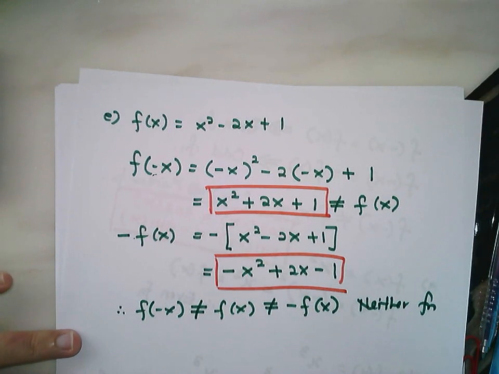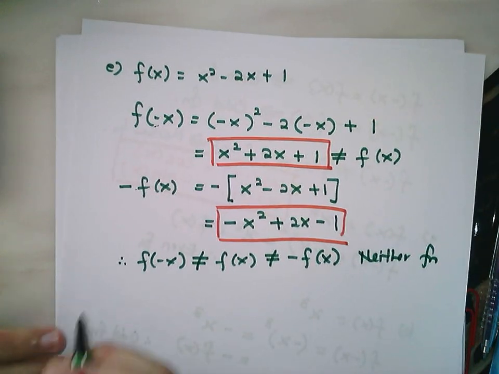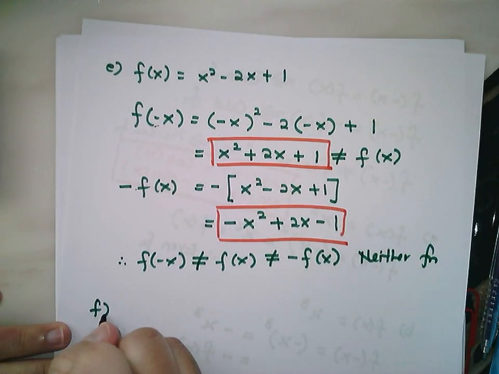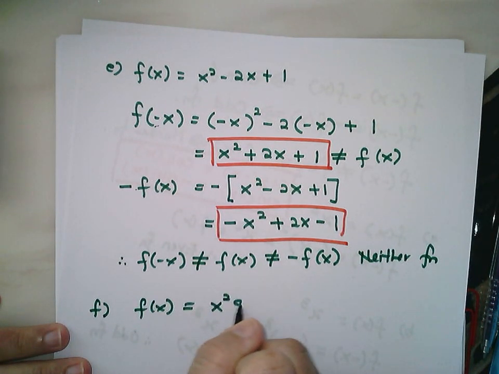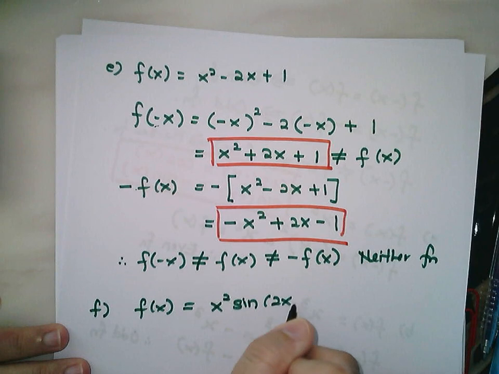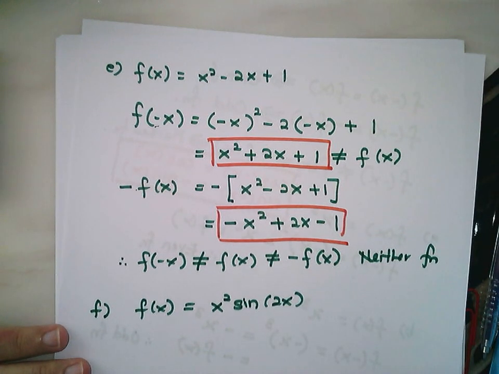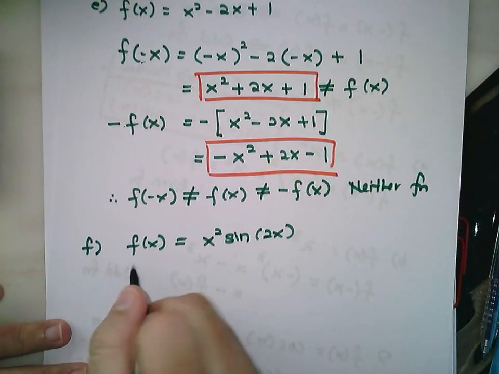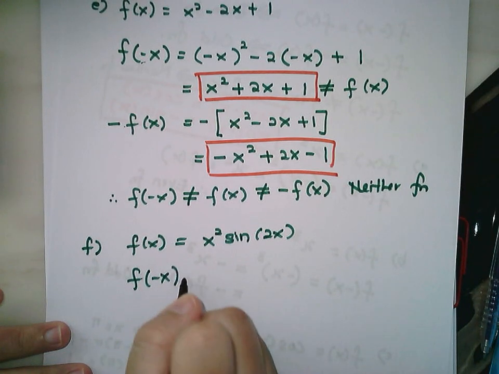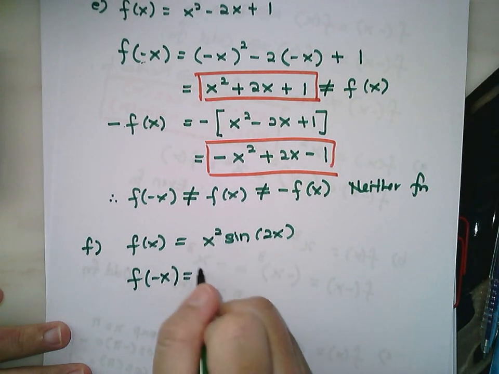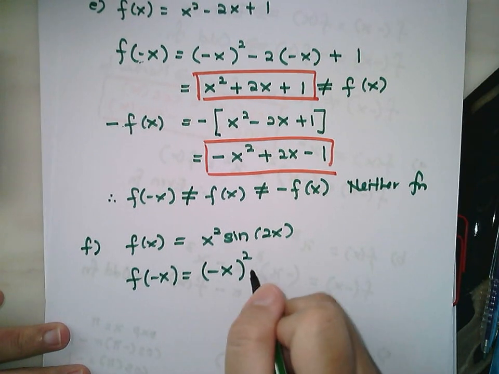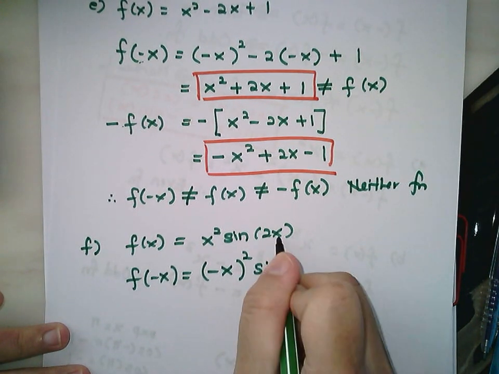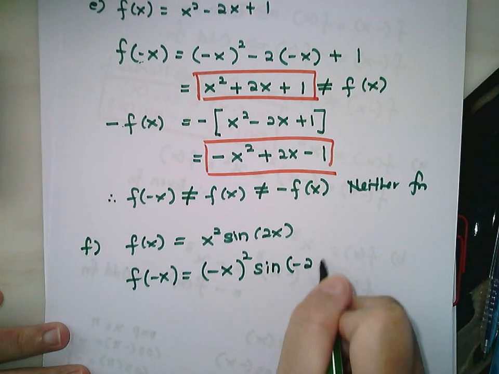Okay, so the next one, let's say you have your f(x) is equal to x squared sine 2x. Okay, so f of negative x is equal to, so now you have x squared here, so you will have negative x, the whole thing squared, sine, here you have x, so negative 2x.